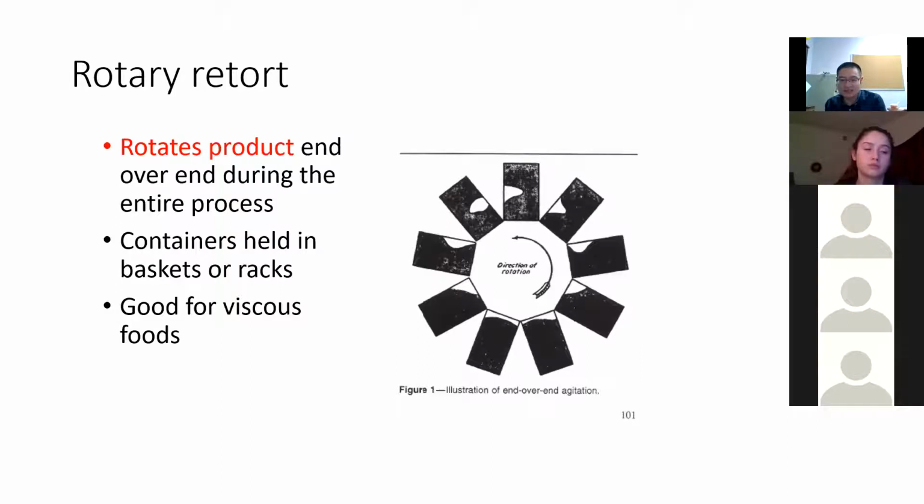But in the case of tomato paste, we still have to induce some agitation. Otherwise, as you saw in our lab, the diced tomato doesn't heat up that quickly. So we have to artificially induce some convection. And in that case, it's not convection anymore, because convection is spontaneous, driven by the gravity difference. In that case, we call it more like agitation. And for the rotary retort, the agitation can be provided by the rotation.